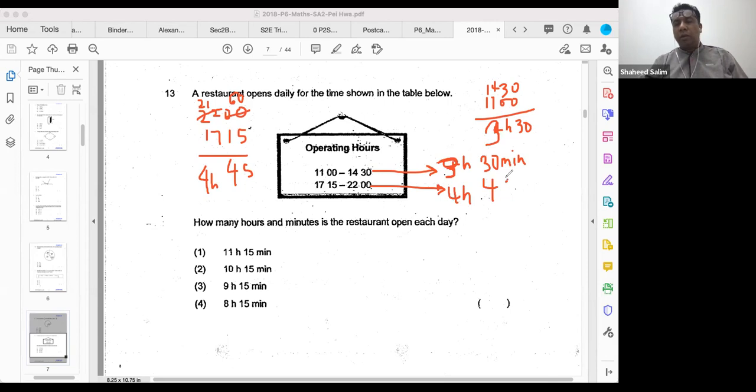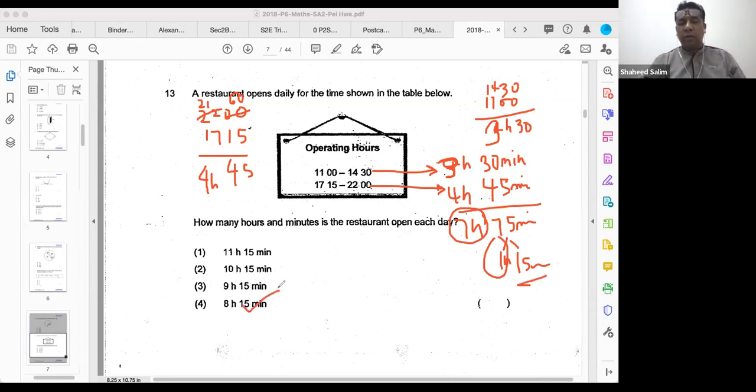See down here you can already see. Down here, you plus, you get now how much? 75 minutes. 75 minutes, how many hours? 1 hour, 15 minutes. This one, 7 hours. So 7 hours, 8 hours, 15 minutes.